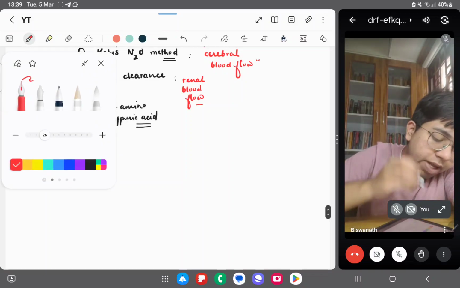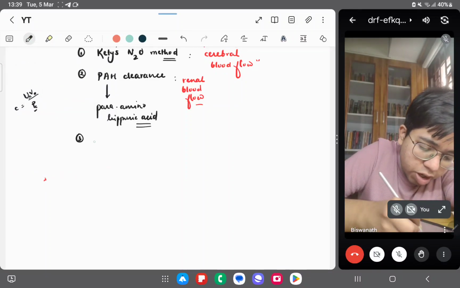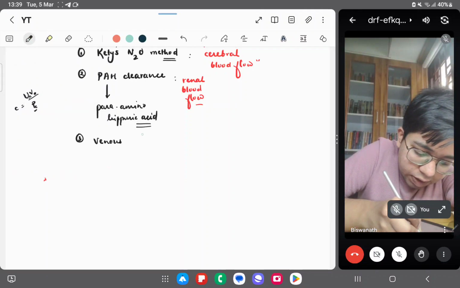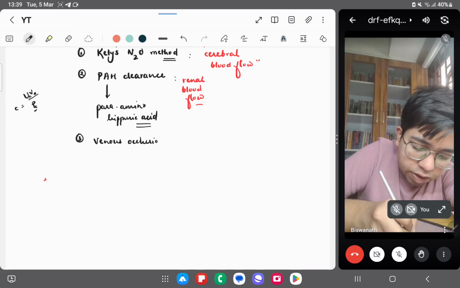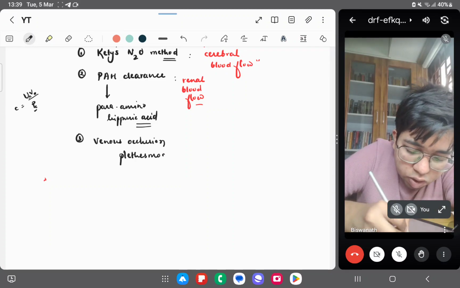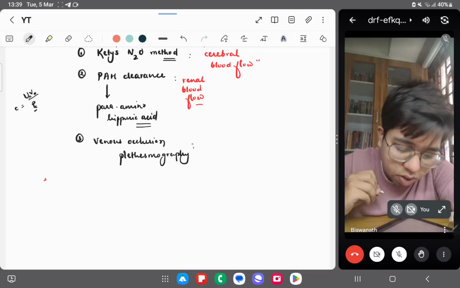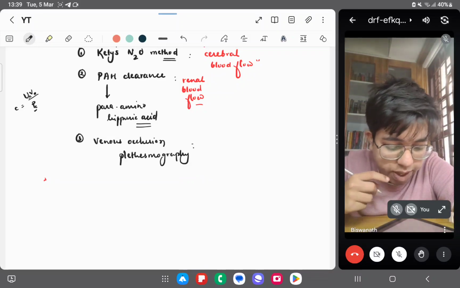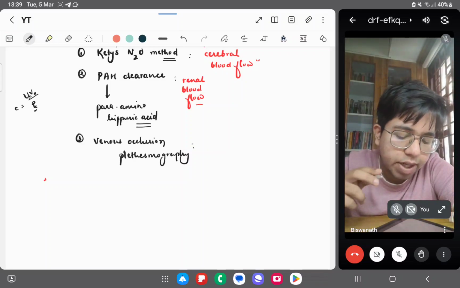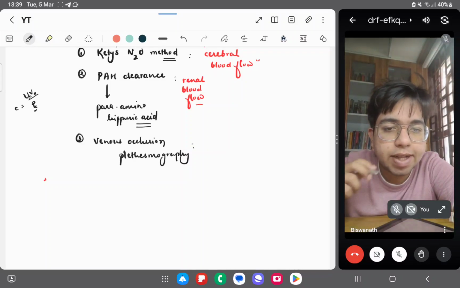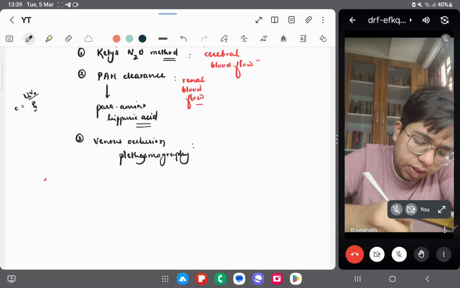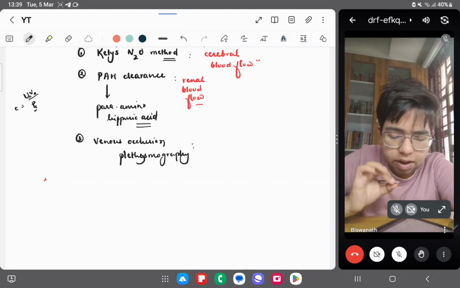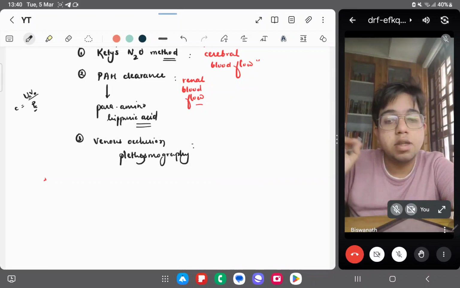We also use venous occlusion plethysmography, although it is beyond our syllabus. I doubt my spelling is a bit wrong, but it is plethysmography, and if it's still wrong, then don't mind.